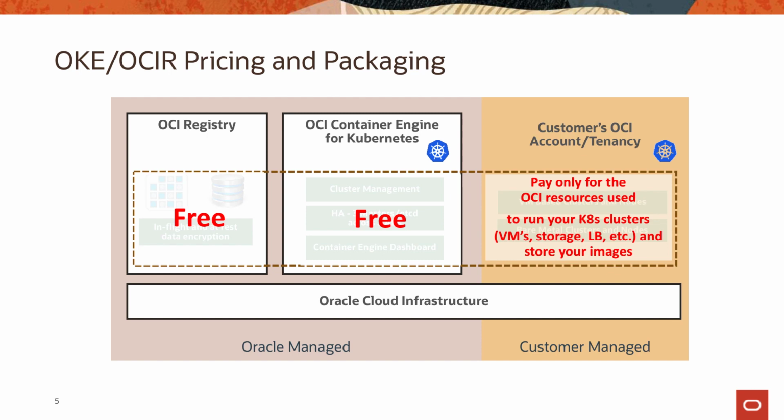So for instance, it would be virtual machines which are hosting your containers or pods. If you're using any storage services to keep your persistent data, or if you're storing your images to OCIR, so you're using some kind of block storage and object storage underneath, you're just paying for that storage that you're using.